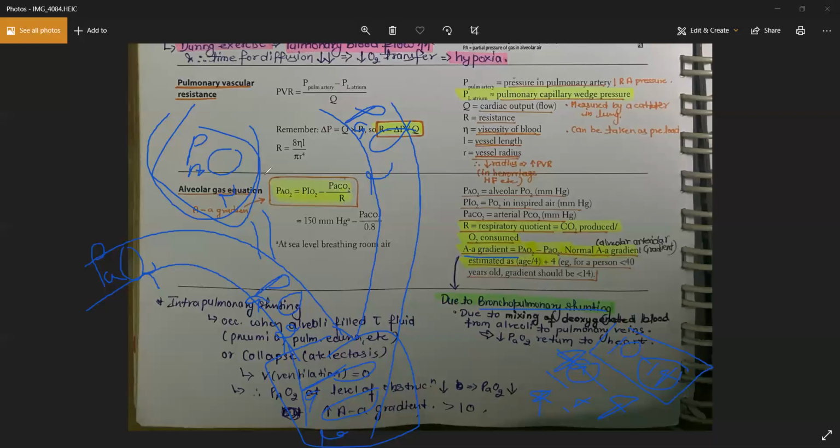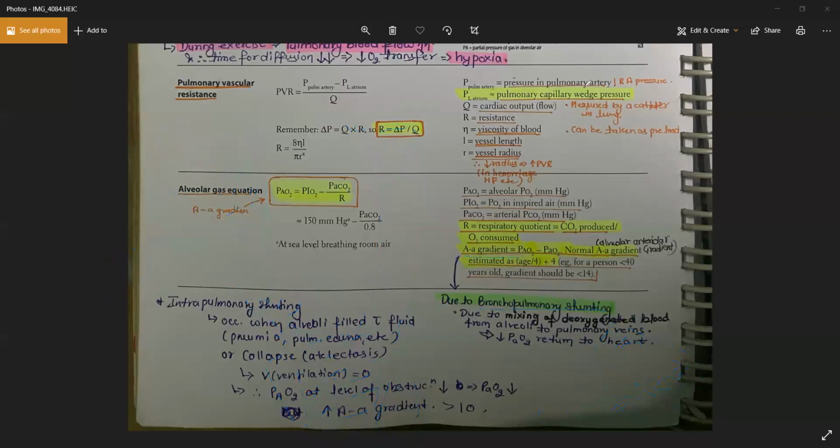So remember this condition. This was about the AA gradient. Any doubt? Please ask. Do we have to remember these two formulas in the exam? You don't have to remember the alveolar gas equation, but you do have to remember the age and AA gradient formula. This one will be very important because they will give you a patient's age and tell you the gradient is this much.